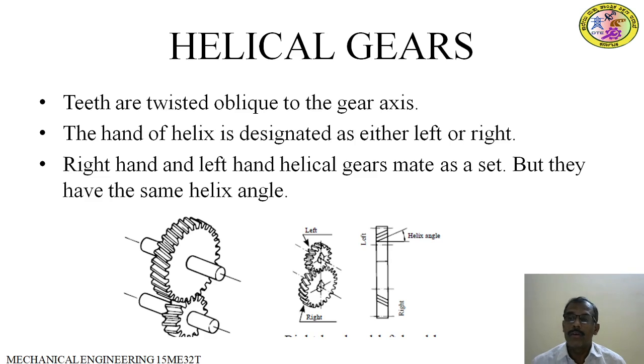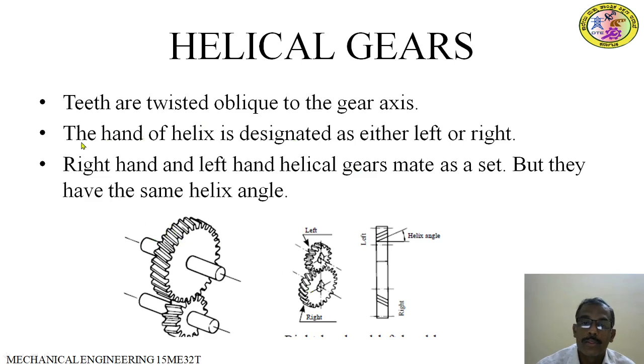Now coming to the second type, which is very commonly used in machineries: helical gears. Teeth are twisted oblique to the gear axis. You see here, the teeth are twisted; a slight twist, a slight bend is there.